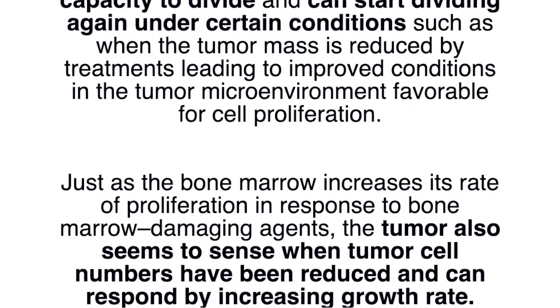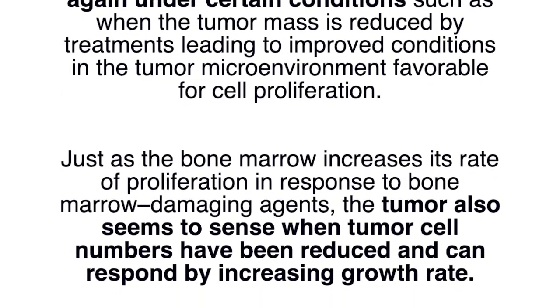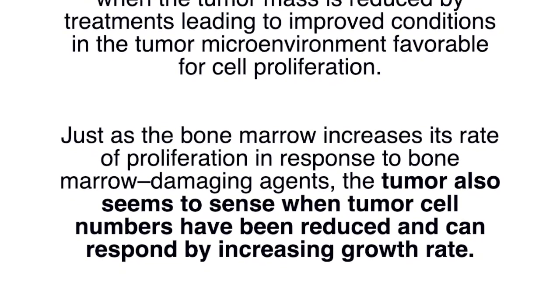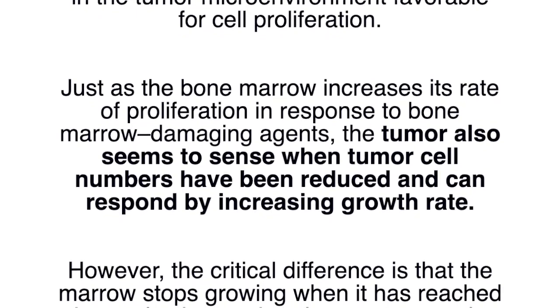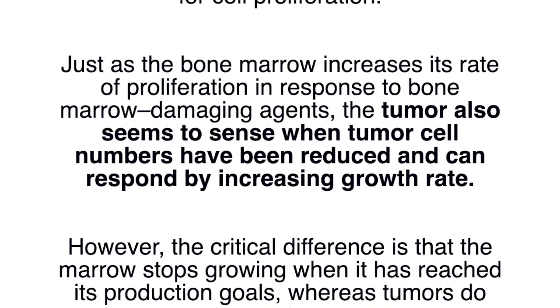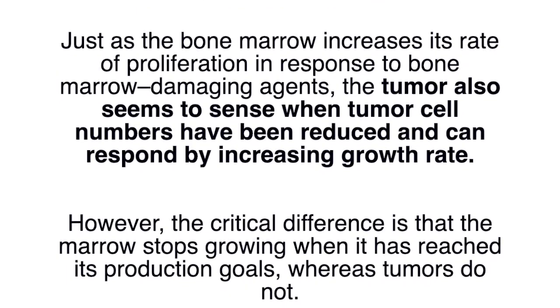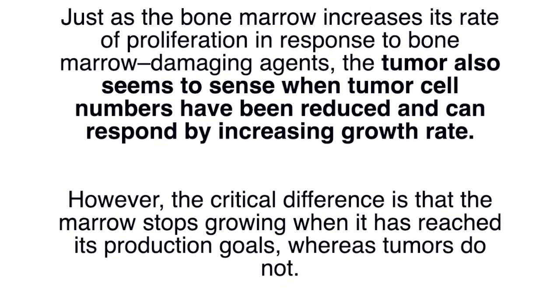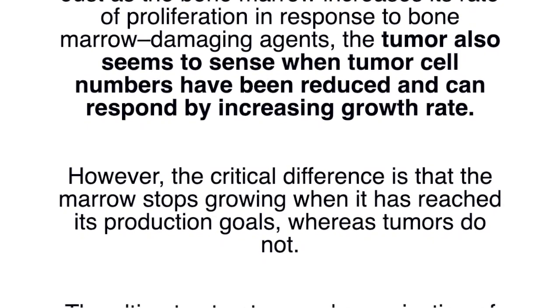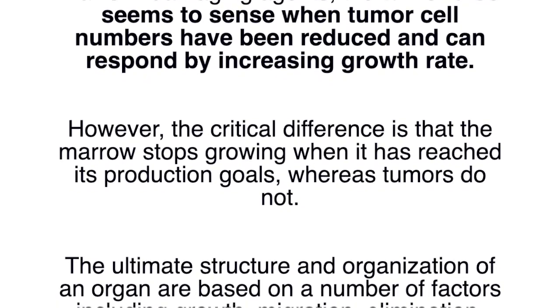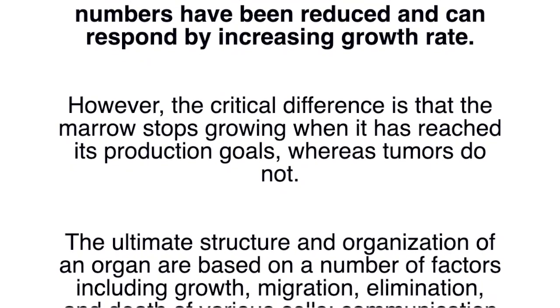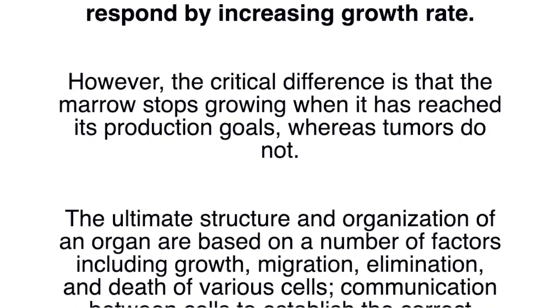Just as the bone marrow increases its rate of proliferation in response to bone marrow damaging agents, the tumor also seems to sense when tumor cell numbers have been reduced and can respond by increasing growth rate. However, the critical difference is that the marrow stops growing when it has reached its production goals, whereas tumors do not.